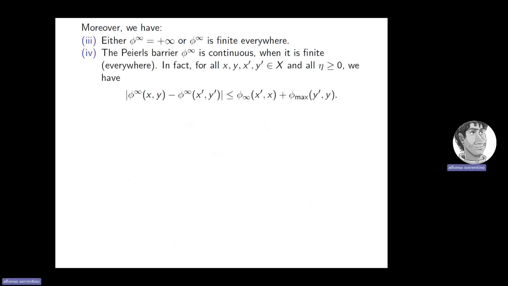And the pairs barrier is continuous because it satisfies, and here it's not phi infinity, it's phi max, the same inequality as the phi eta, as you can suspect, because it's a limit.